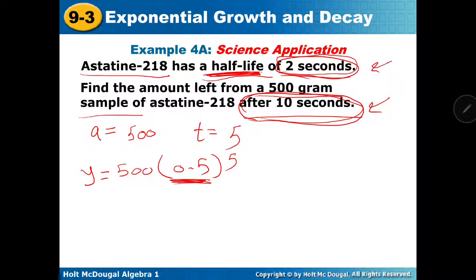Now what is the answer? 15.625 grams. Right? Let's take another.